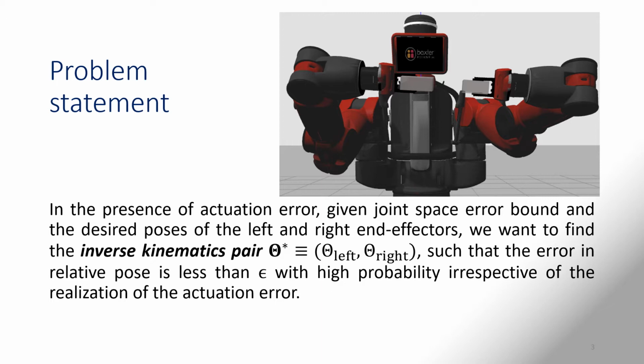We define the robust IK pair problem as: in the presence of actuation error, given joint space error bound and the desired poses of the left and right end effectors, we want to find the inverse kinematics pair theta star, which consists of left inverse kinematic solution theta left and right inverse kinematic solution theta right, such that the error in relative pose between the left end effector and right end effector is less than epsilon with high probability irrespective of the realization of the actuation error, where epsilon is a user defined parameter.